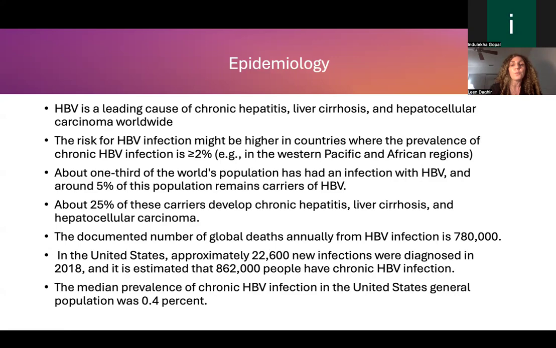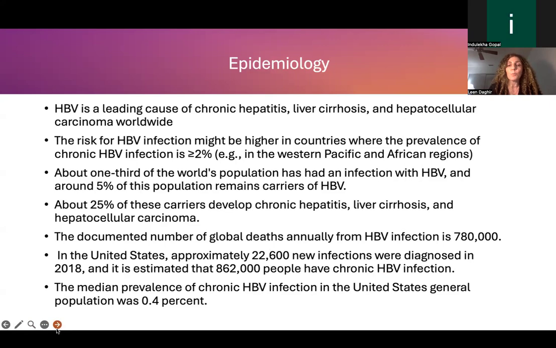About one third of the world's population has had infection with hepatitis B virus, and about 5% of the population remain carriers. About 25% of these carriers develop chronic hepatitis, liver cirrhosis, and hepatocellular carcinoma. The documented number of global deaths annually from hepatitis B infection is about 780,000.